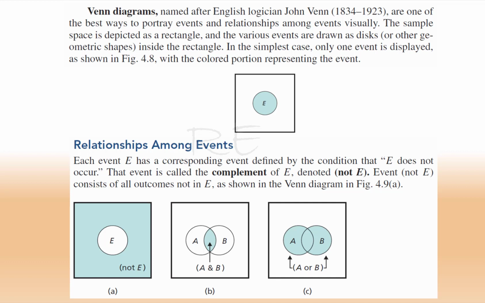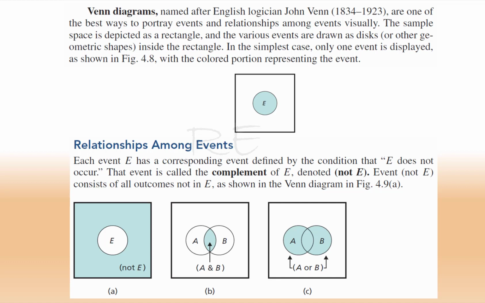One of the best ways to portray events and their relationships is to draw a Venn diagram. It consists of a rectangle representing the sample space and different circles representing the events. If the events are mutually exclusive, like example A, you're going to have in the Venn diagram A and not A, and they are complements of each other.